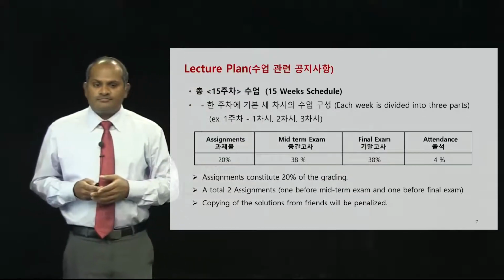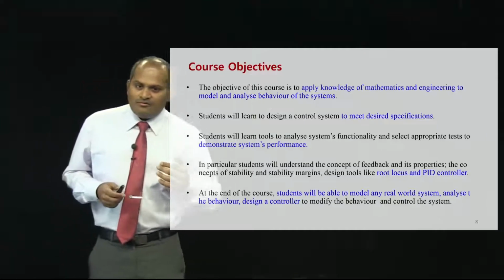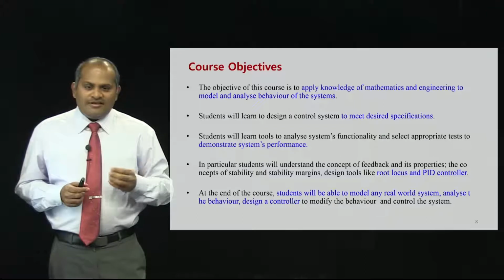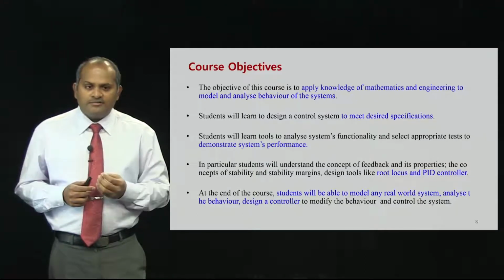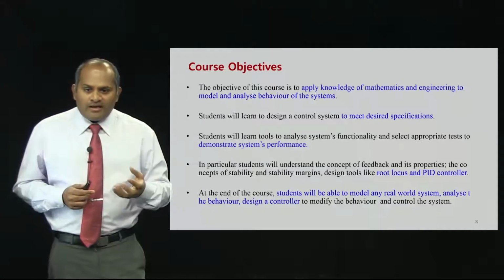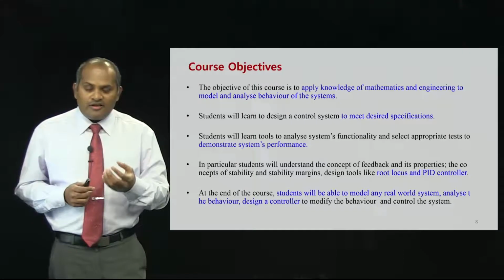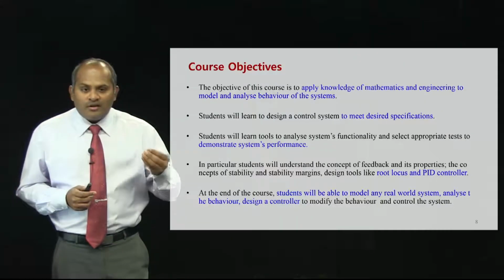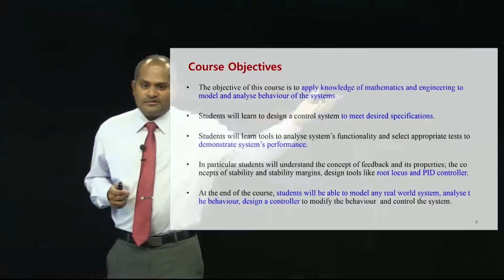Now, why are we learning this course? The reasons and the objectives of why we learn is we would like to apply our engineering knowledge of mathematics, what you learned earlier, and physics, so that we will be able to model and analyze the behavior of systems.